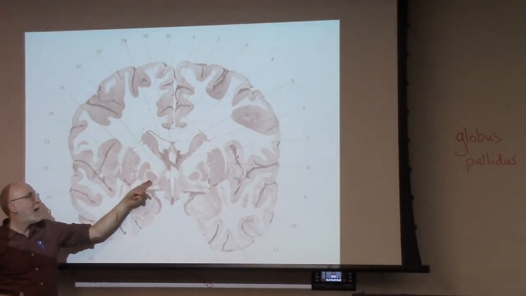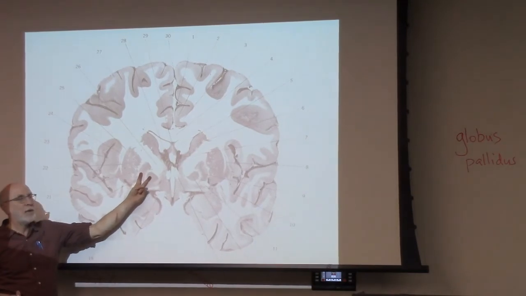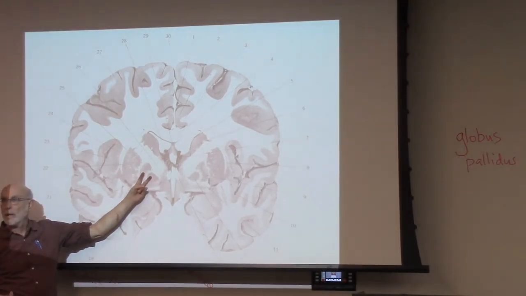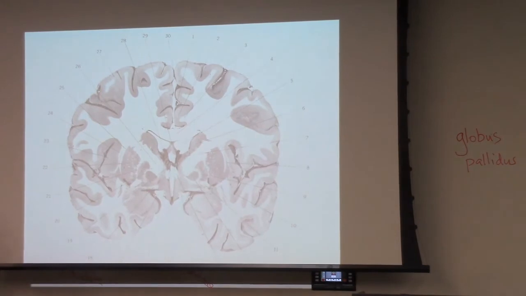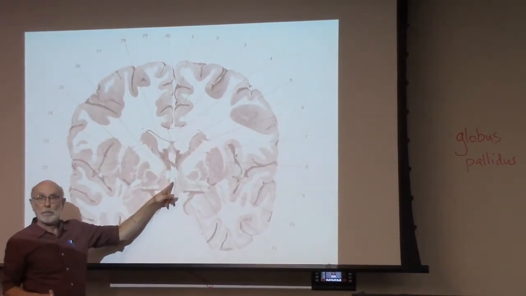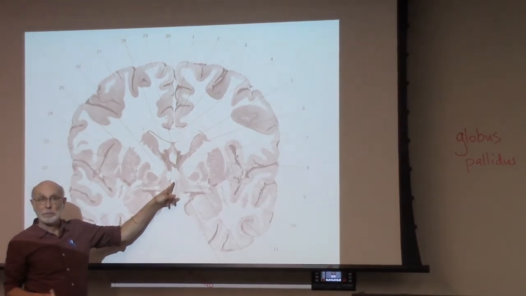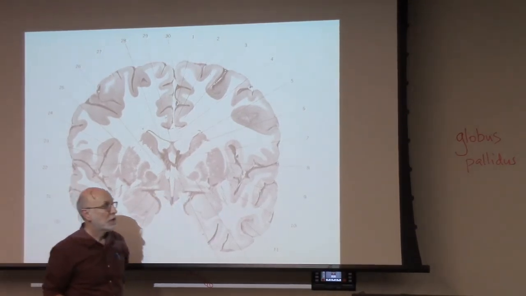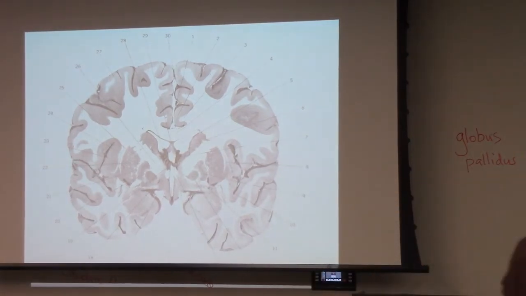Both of them, globus pallidus 1, globus pallidus 2, together they are the globus pallidus. This is the third ventricle. Let me point you over here, to this side.